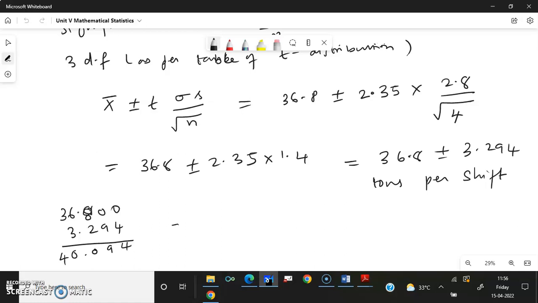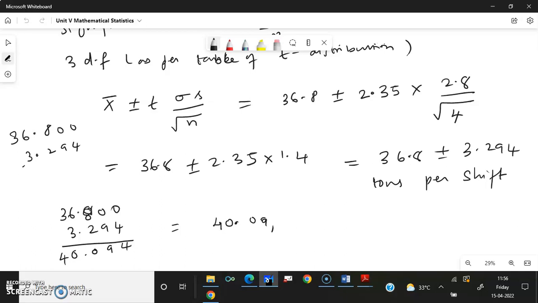So the confidence interval will be 40.09, comma. Now you should subtract 3.294 from 36.8.